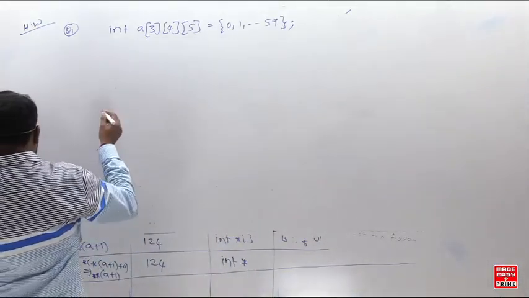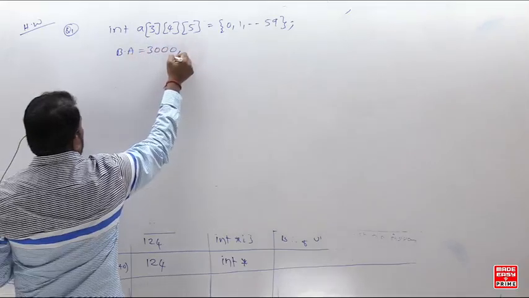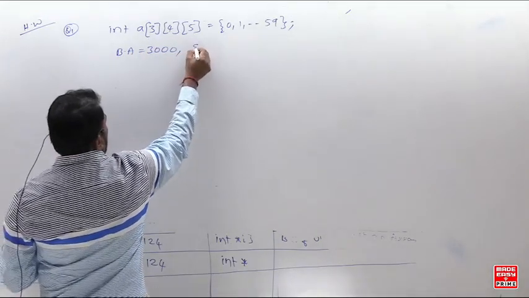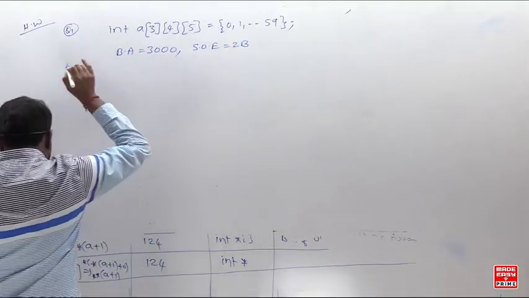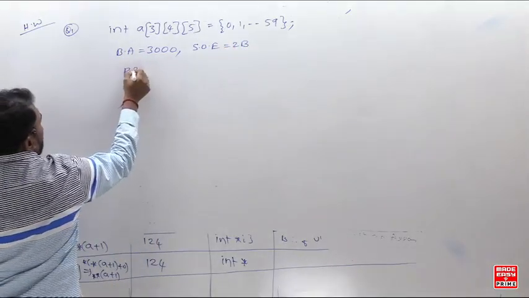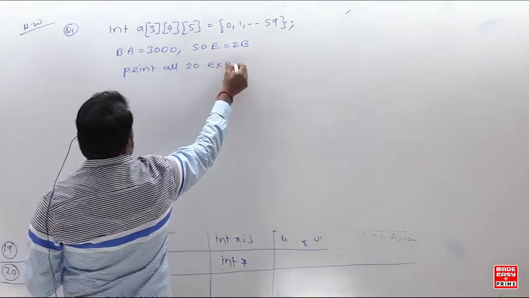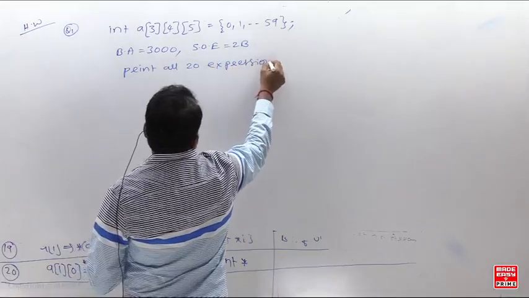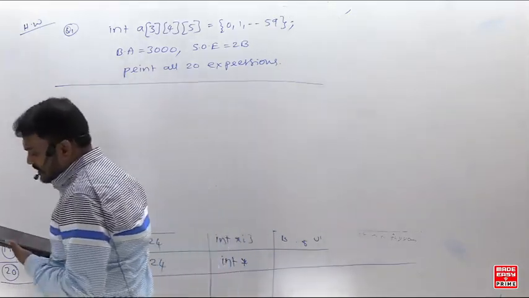Here I am giving base address is 3000. Size of the element is 2 bytes. So print all 20 expressions.